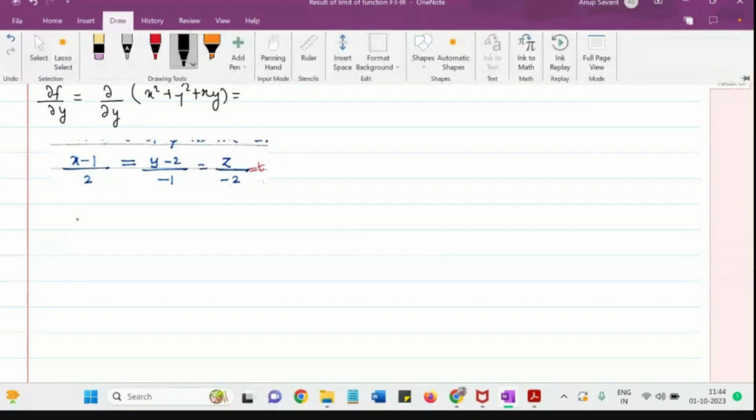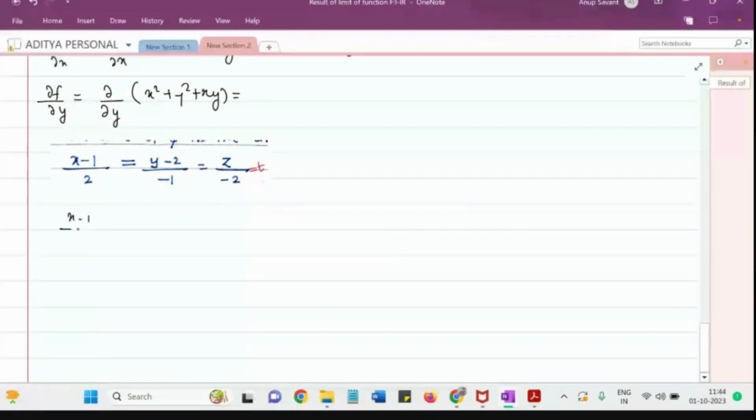So I have (x minus 1) upon 2 equal to t. This gives me x equal to 2t plus 1. So dx/dt turns out to be 2.